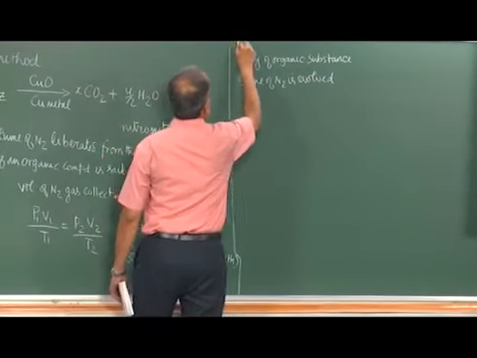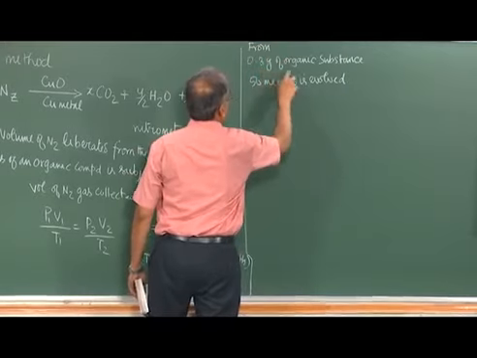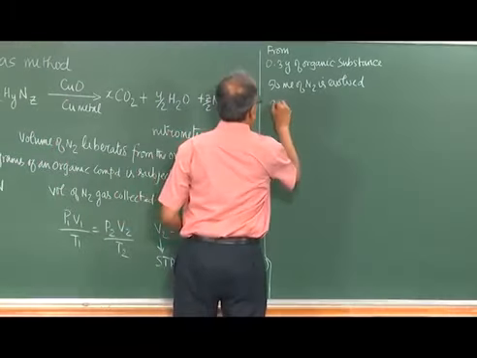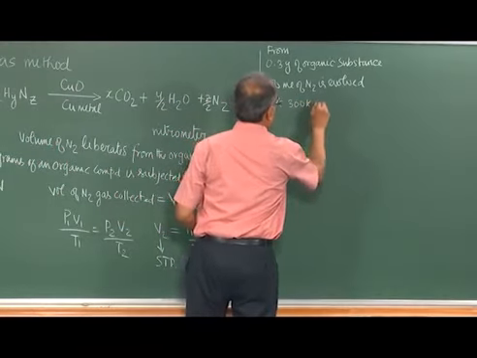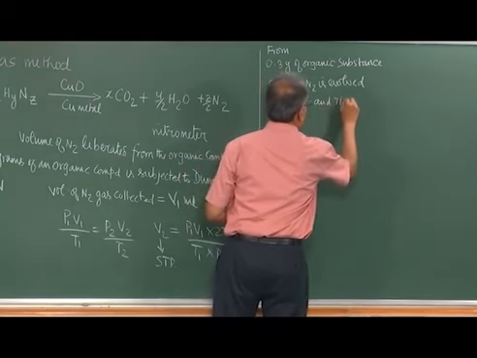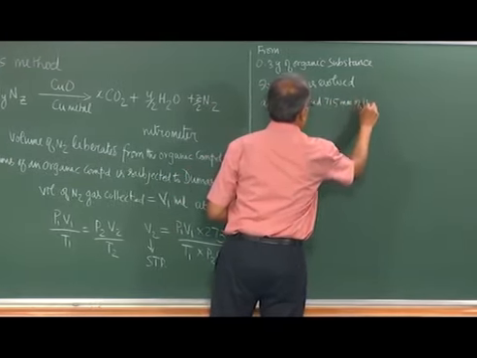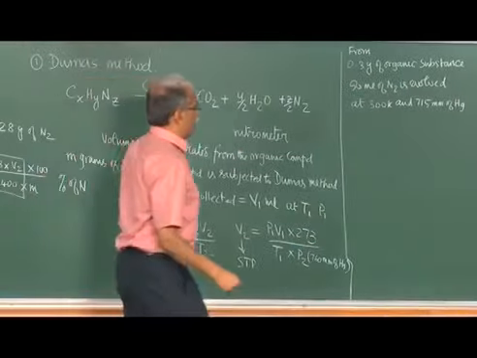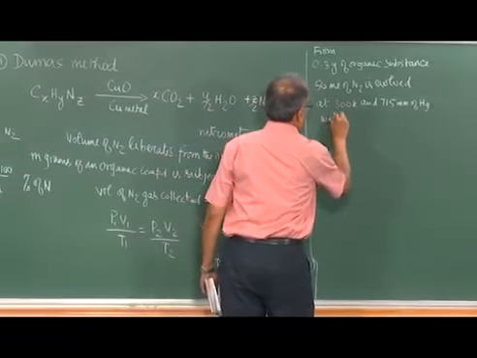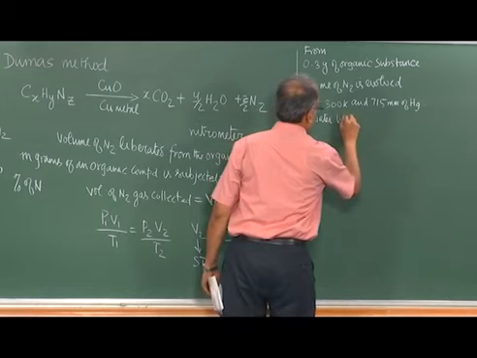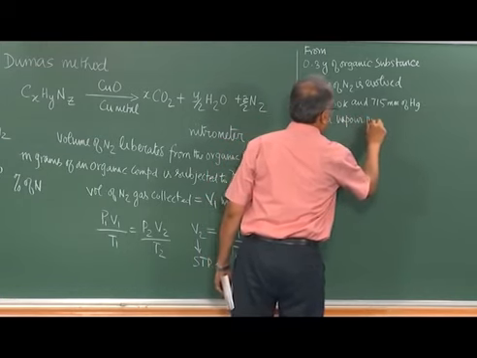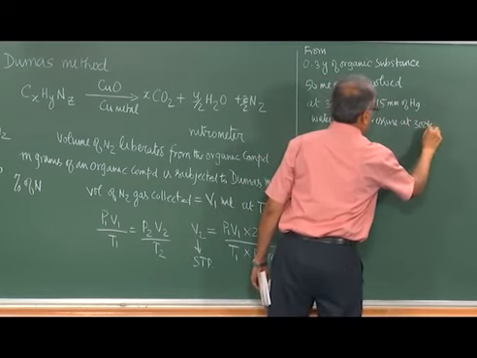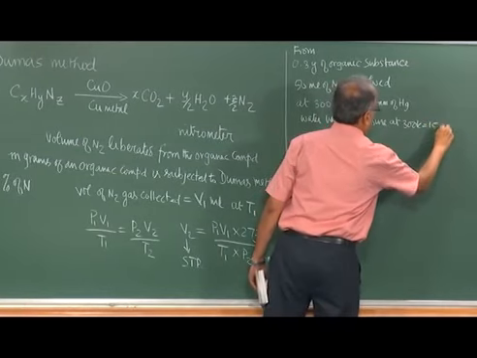So, from 0.3 grams of organic substance, 50 milliliters of nitrogen is evolved at 300 Kelvin and 715 millimeters of mercury, that is the pressure at which the nitrogen is collected, for example. Now, water vapor pressure at 300 Kelvin is equal to 15 millimeters of mercury.